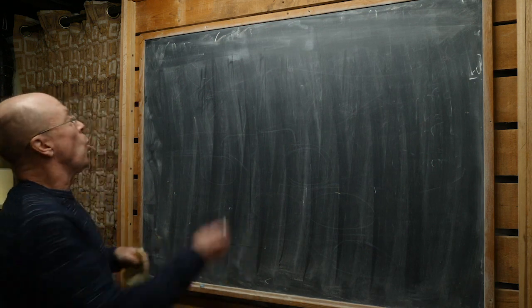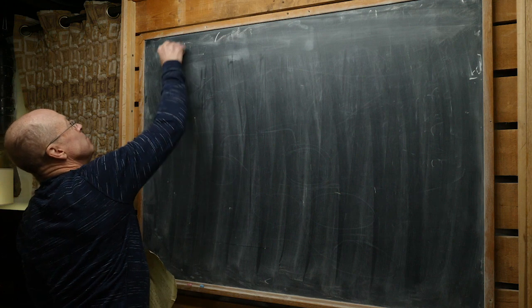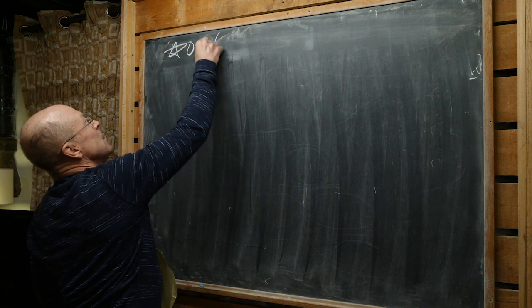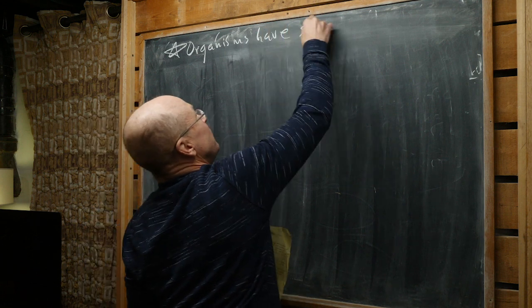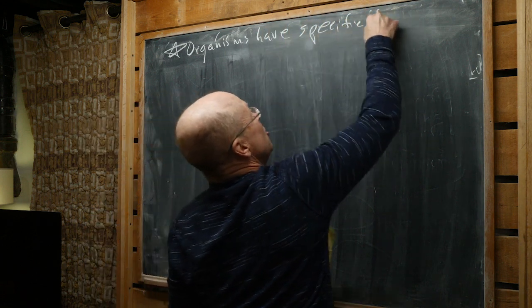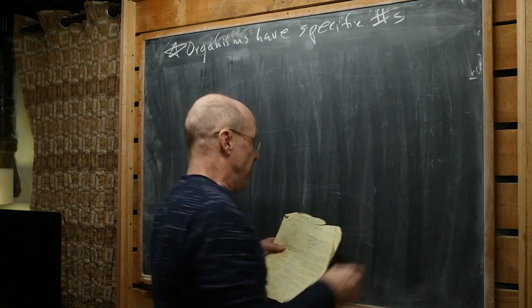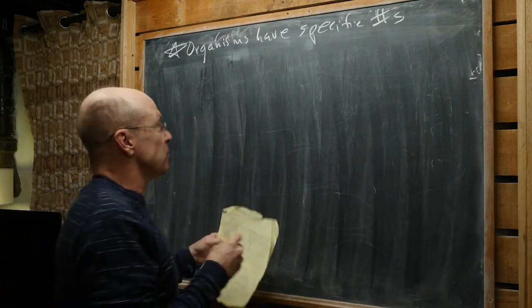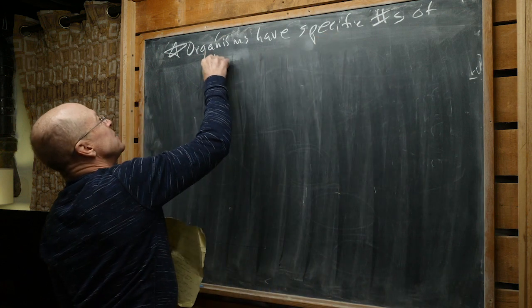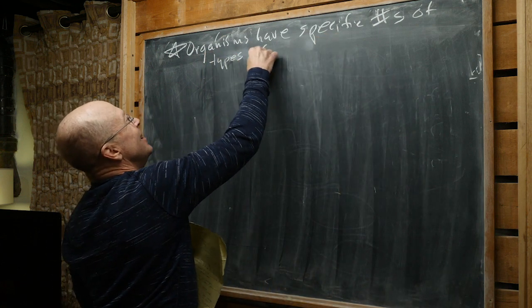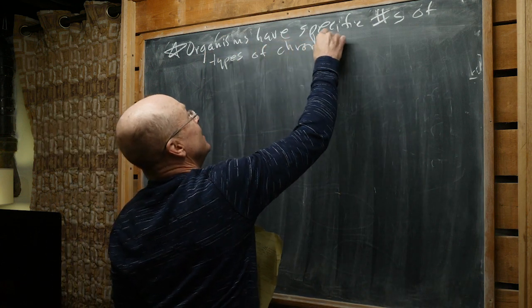So organisms, this is very important, big star here. Organisms have specific numbers of types of chromosomes. Okay.